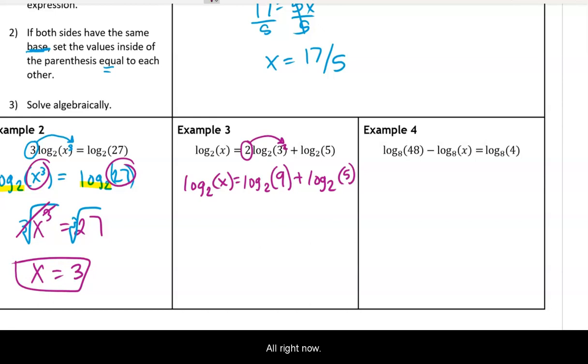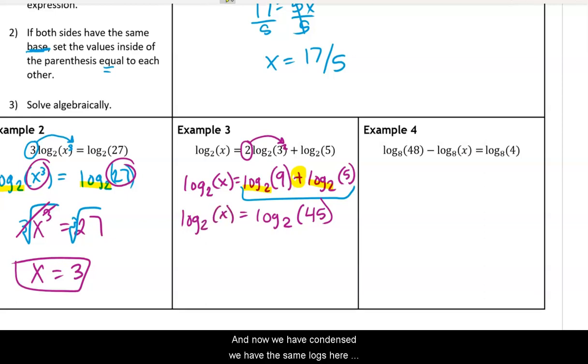All right, now what we talked about yesterday as well was that when there's two logs with the same bases being added together, the insides are being multiplied. So here we can condense this left side to be log base 2 of 9 times 5. What's 9 times 5? 45. Set that equal to the log base 2 of x. And now we have condensed.